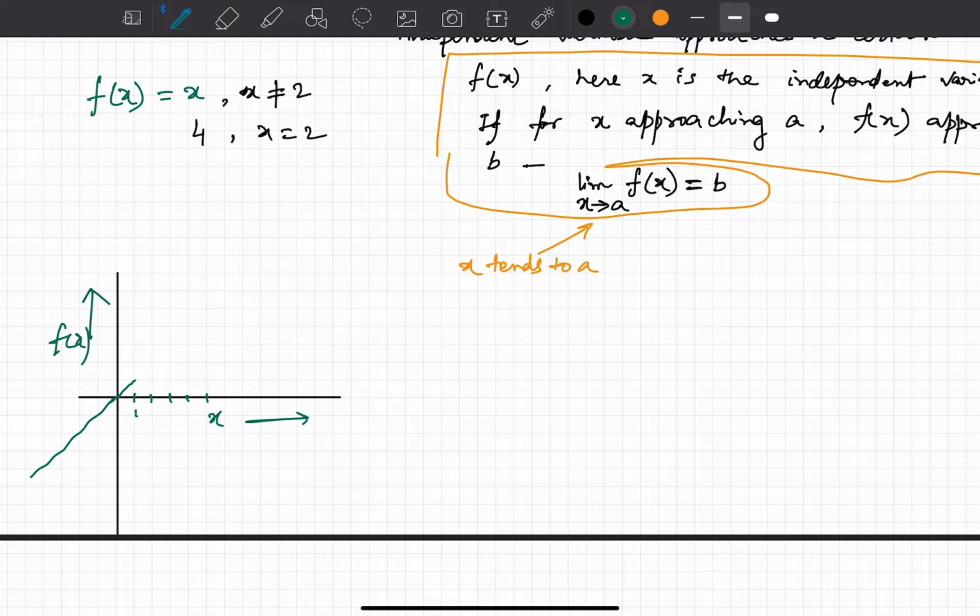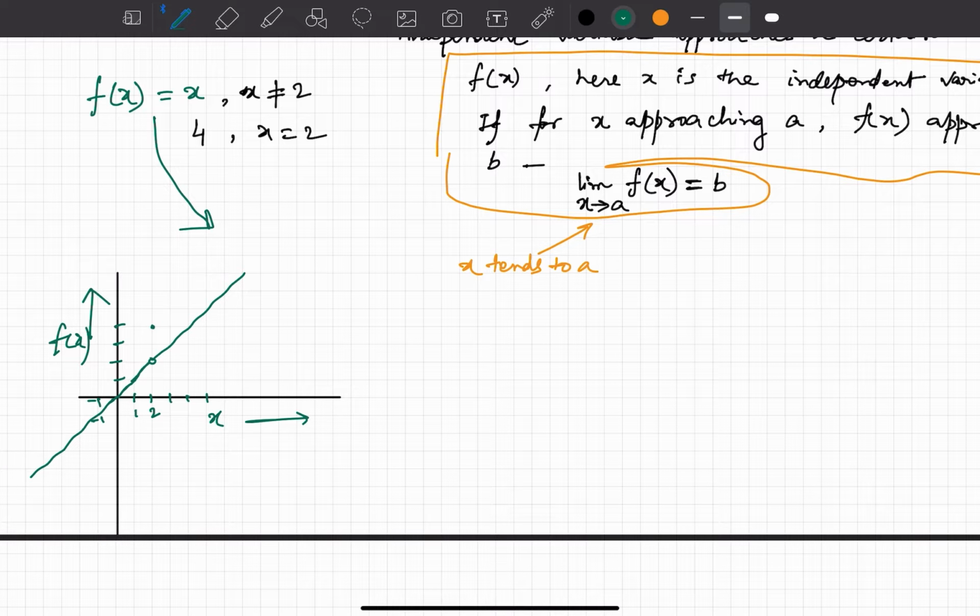See, at x equal to 1, f(x) will take 1, at x equal to minus 1, f(x) will take minus 1. All the values will be same except at x equals 2, there will be a discontinuity. Let us denote this discontinuity with this small circle. At x equals 2, f(x) will take the value 4, and otherwise it will be same as this equation.